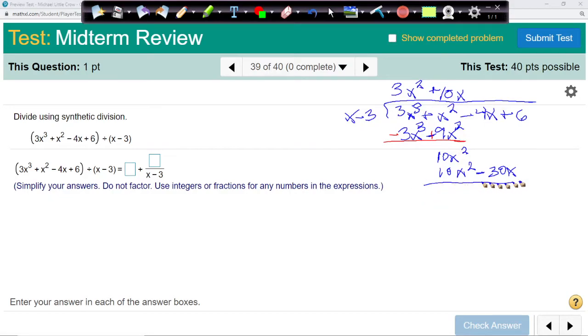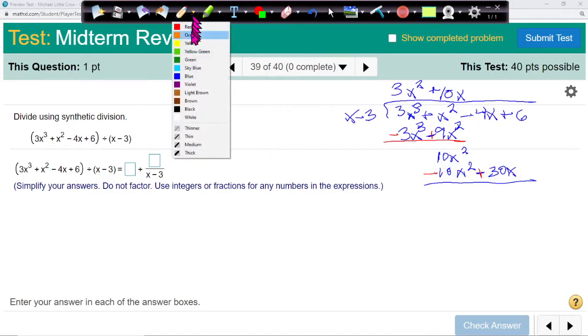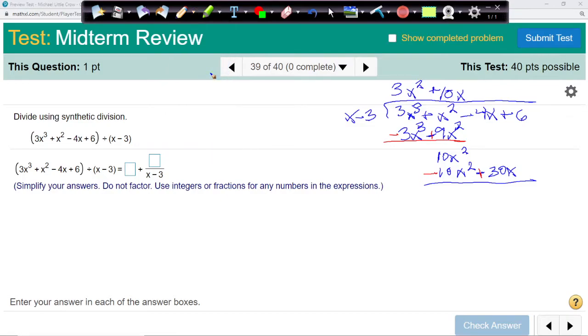All good. Again, we subtract, so that changes this and this. This is 0, and we get negative 4. I guess you could bring that down. That's typically what they do. You could leave it up there, whichever you want. So negative 4 from 30 gives us a 26, positive 26x.